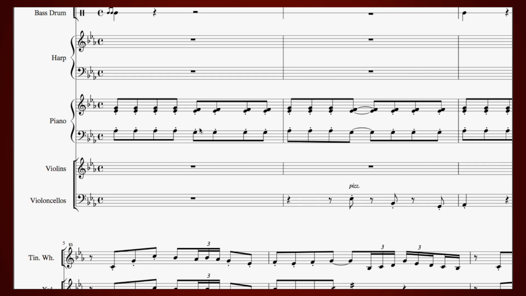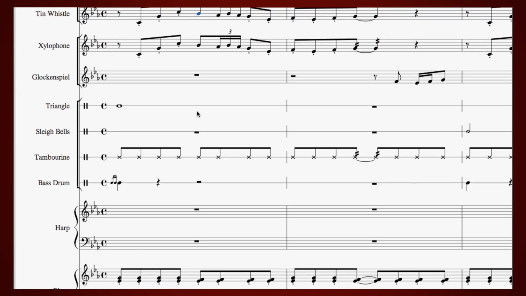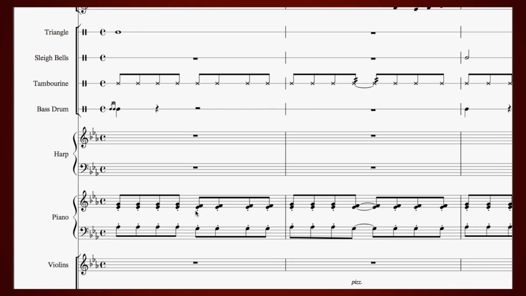If we analyze this from G, E flat being the flat 6, F is the 7. It doesn't make sense. Let's try analyzing it from something else, from E flat. If we have E flat here, G is the 3rd, F is the 9. So we can say we have an E flat add 9.